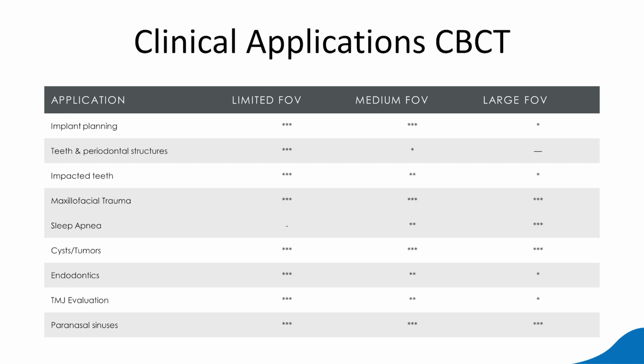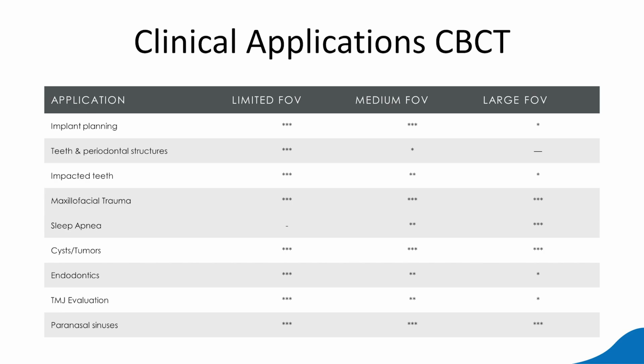You can assess where are the surrounding teeth. And if you're looking for trauma, it will give you very good information for root fracture. Endodontics, there's a lot of application. To assess the TMJ, also, it's a very good exam because we know that panoramic is not going to give you that much information. So small or medium field of view for TMJ are very good exam.